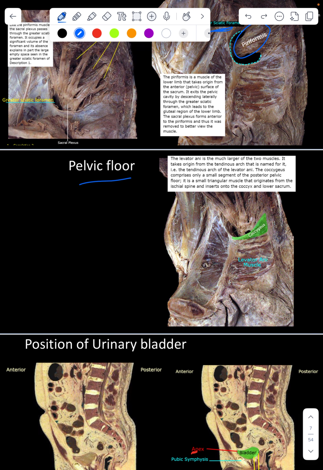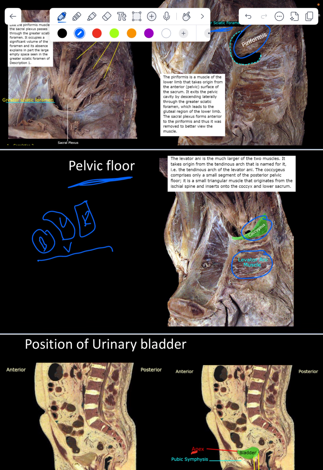Pelvic floor. What makes up your pelvic floor are your levator ani muscles and your coccygeus. Mostly your levator ani is the one that can handle intra-abdominal pressure. So if levator ani gets damaged, then all the stuff that it's holding up starts to drop. Like in females, you have a bladder, uterus, rectum, and vagina.